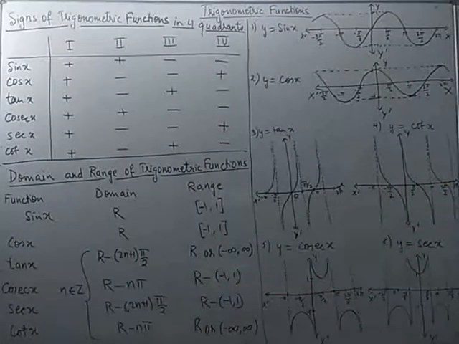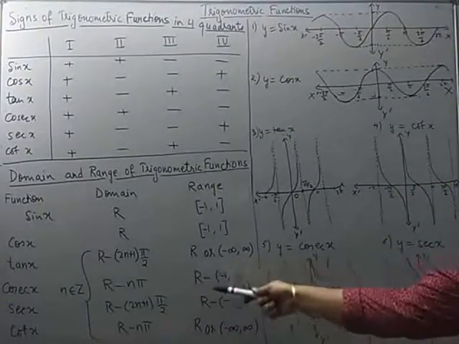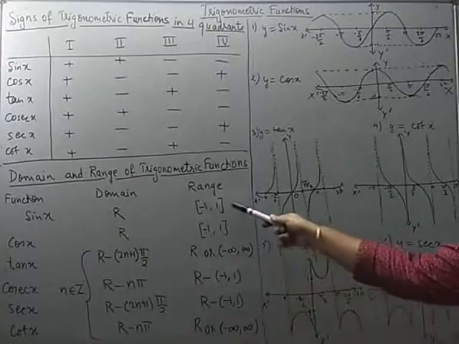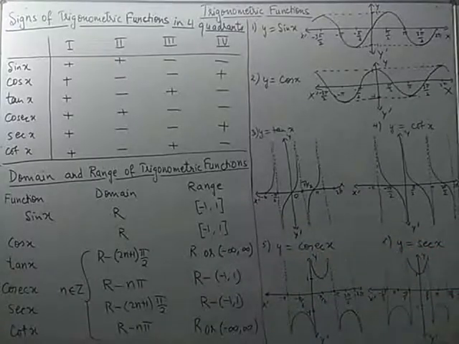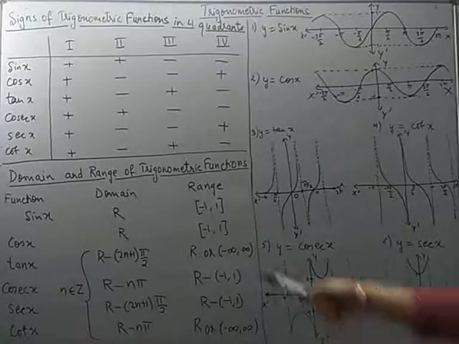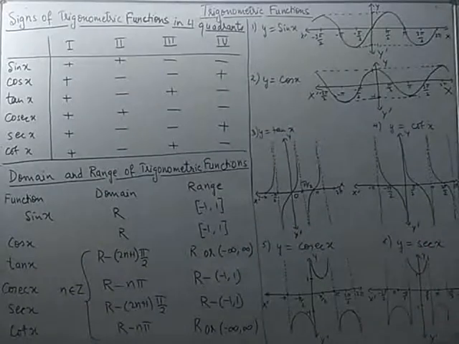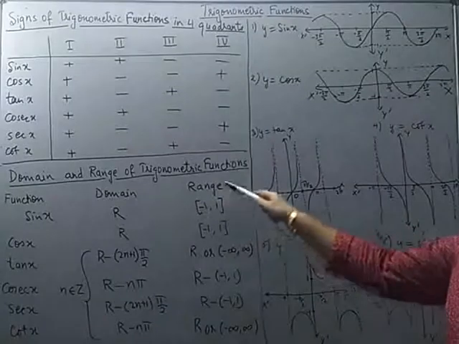Now corresponding to this, what type of values for y are you going to get? Even if you don't look at the graph, it is easy to understand. Whatever sin x is, cosec x will have values other than that, because cosec is the reciprocal of sin x. So sin x takes the values from minus 1 to 1, so cosec x is not going to take these values at all.